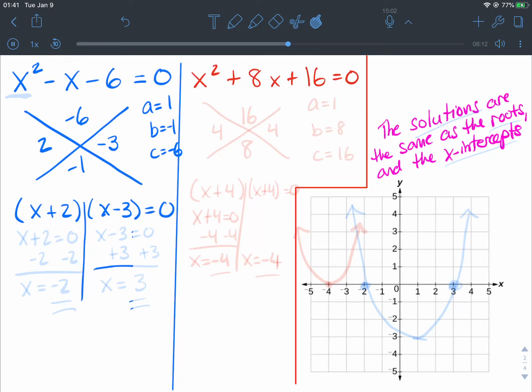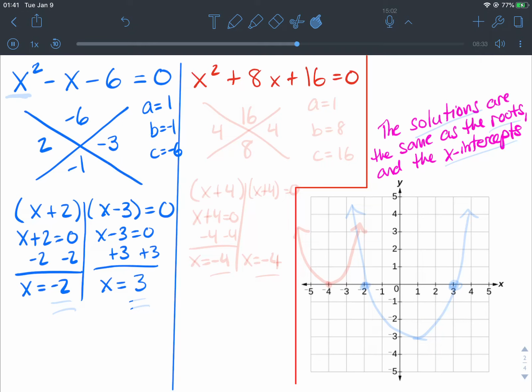And then we have to solve it. So it's literally doing what we did in the last lesson, but we're just adding the zero product property on top of it. Add 3 to both sides, and we get x equals 3.